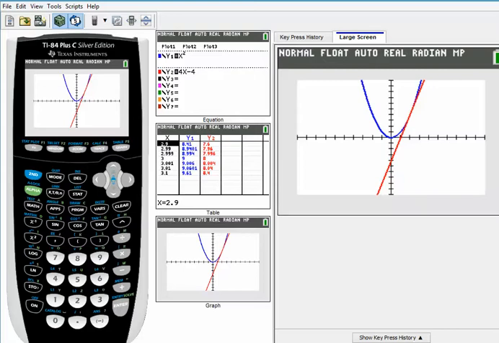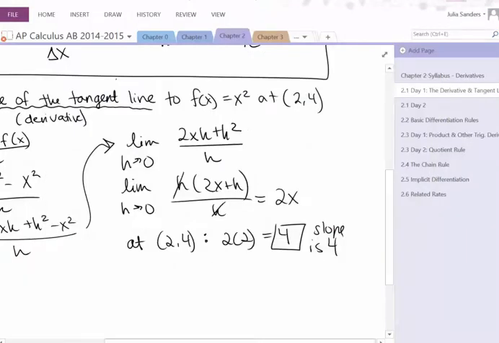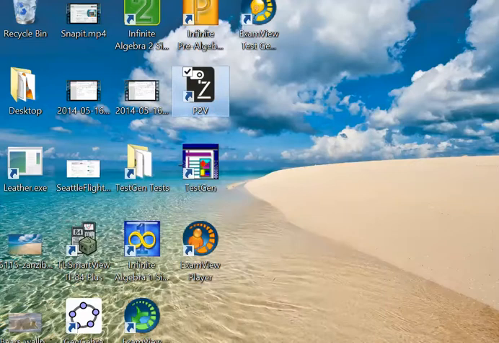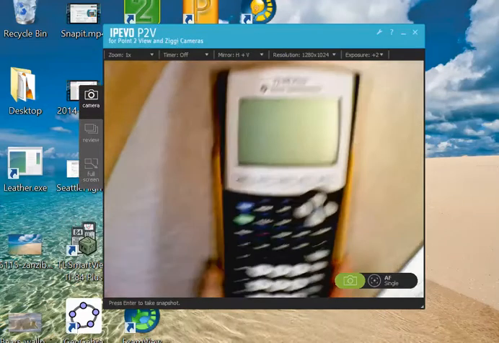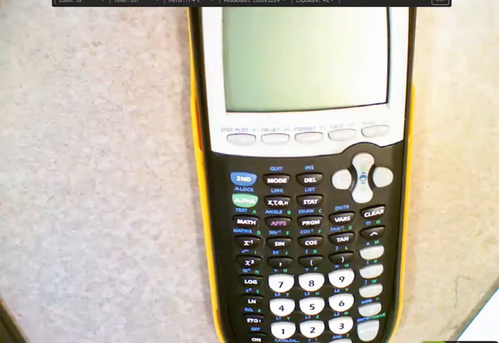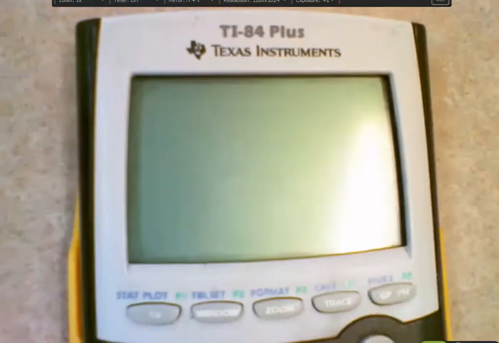Doesn't seem to be responding to me. Alright, well, let's show it another way. You might have a little bit different of a calculator, but we can still figure it out. Alright, if you have a calculator like mine, it'll be easy to follow along. If not, you might have to kind of play around with it a little bit.